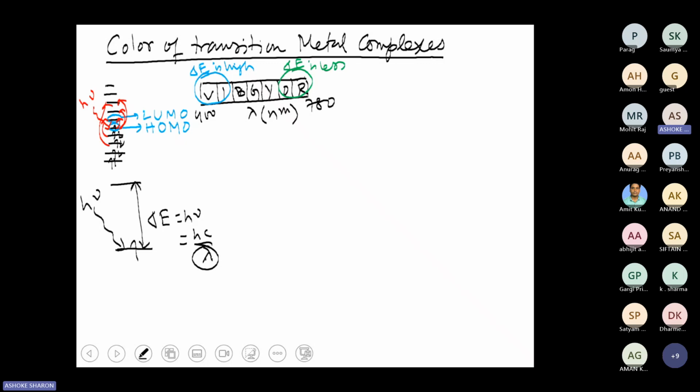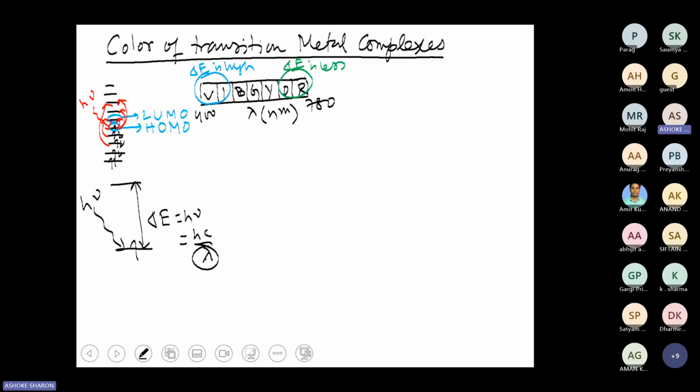Whatever light is absorbed, except that color, the rest of the colors form a complementary color or complementary light. That color is reflected and we observe that color.